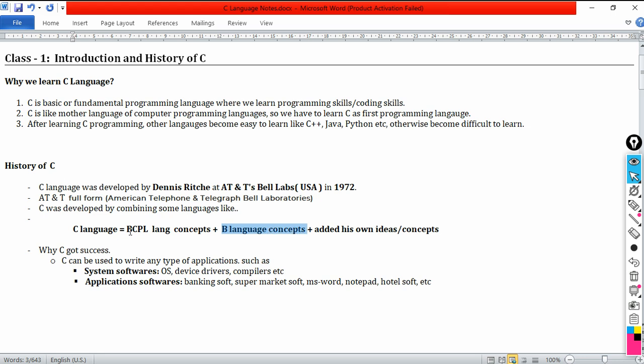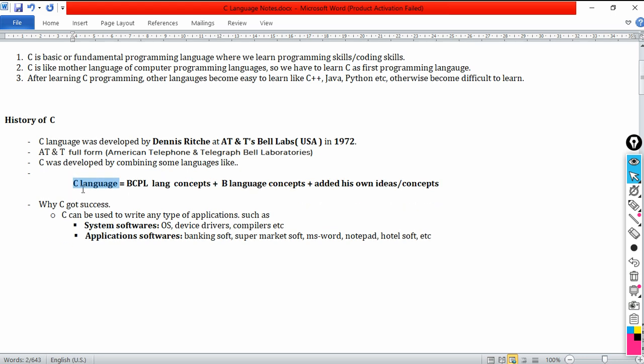There were already some existing languages in the industry, BCPL and B. So Mr. Dennis Ritchie took the concepts of BCPL and B, added some more concepts of his own, and finally he wrote a language called C language. Now this C language became a success.